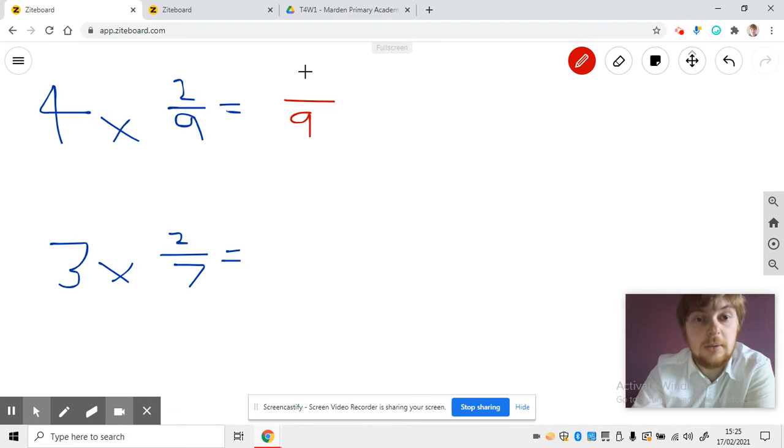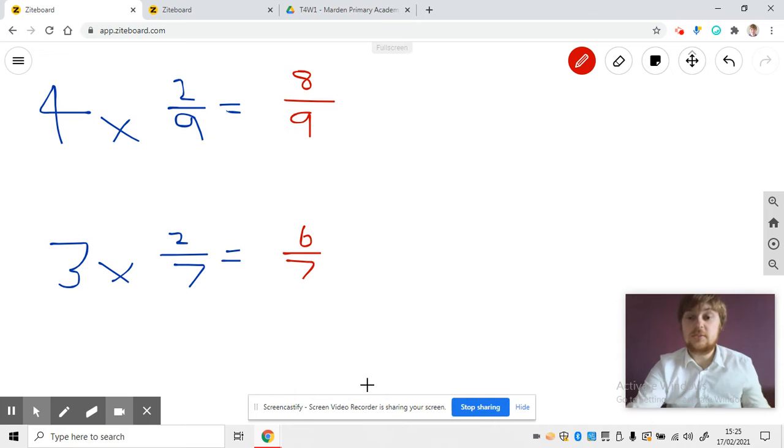So 4 multiplied by 2 is 8. Simply, 4 multiplied by 2 ninths is 8 ninths. If we then look at 3 multiplied by 2 sevenths, again, we're staying in sevenths. I've got 2 parts, and 3 multiplied by 2 parts is 6 parts. So 6 sevenths. There we go, straightforward.